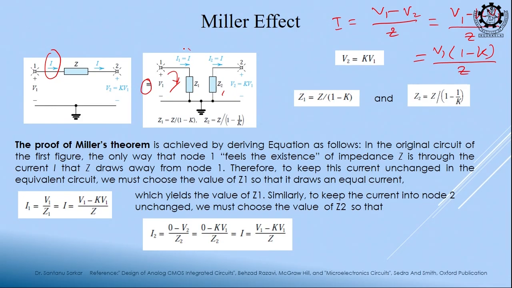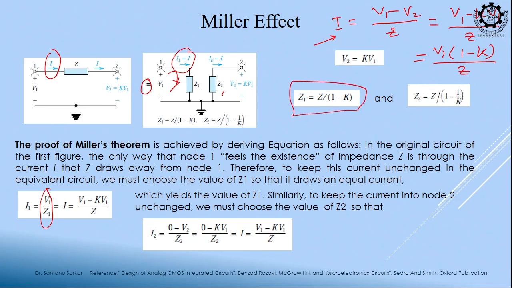So, what will I do now? I will try to find out what I1 is and equate it with I, and I will get the value of Z1. So, what is I1? V1 by Z1. You see the beauty here, because I have only the V1 equation, no V2, so the equation will be simpler to solve. So it is V1 by Z1, and I just equate it with the old value of I, and I will get the value of Z1.